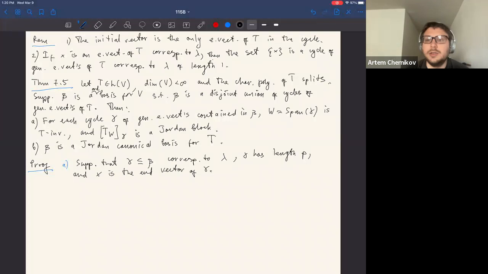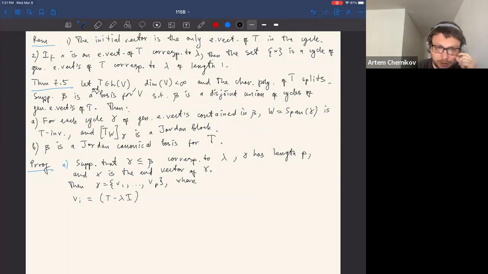Okay, so since it's a cycle, it makes sense to talk about all of this. Then we can write gamma as follows. So we can write it as the vectors v1 through vp, where we have that each vi is equal to (T minus lambda I) to the power p minus i applied to x for i less than p, and the end vector vp is just x.